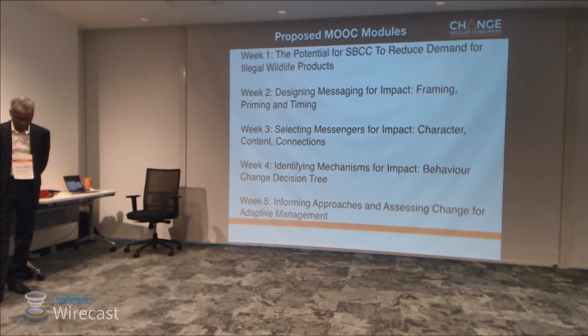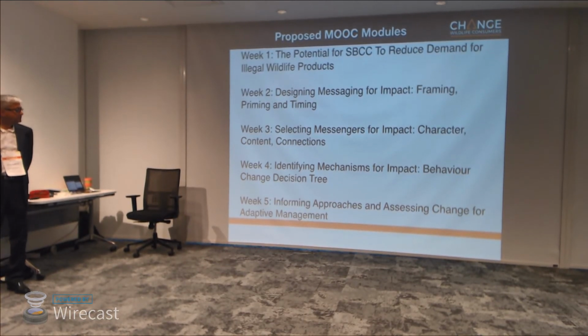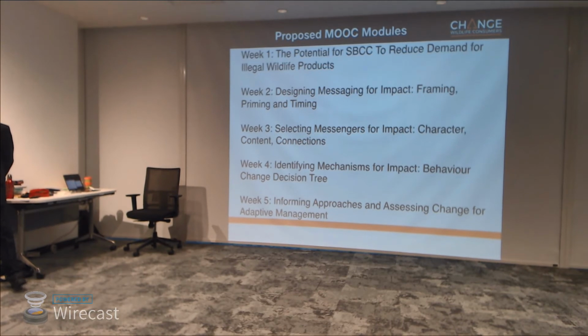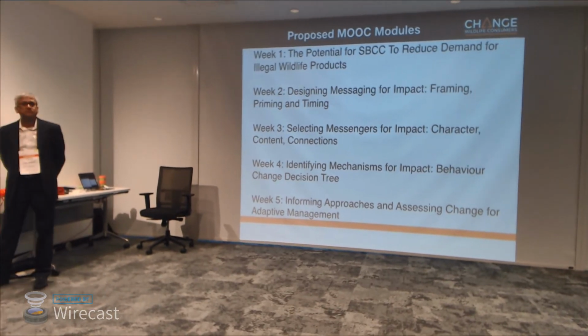The mechanisms in week 4, this is probably going to pick up on some of the things that Jamie introduced in the previous session. We've got to work out some more around the specifics for that, but trying to help people make choices, perhaps bringing in something about the behavioural journey mapping that we mentioned earlier today.